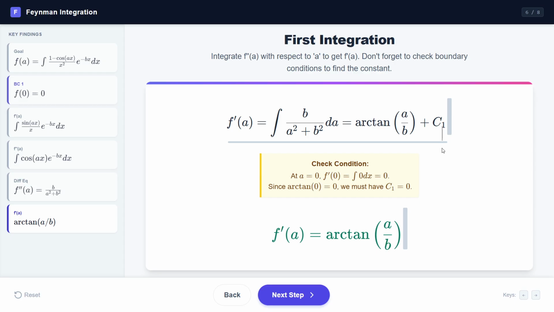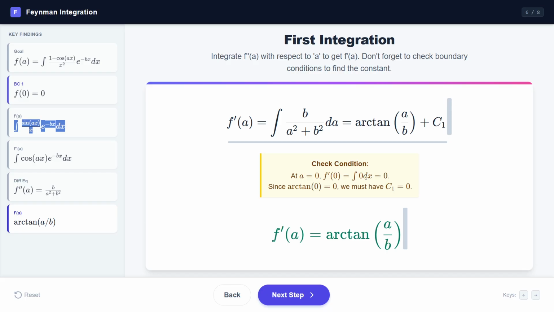Now we can solve for that constant of integration by letting a equal 0. If we let a equal 0 in our original f prime of a, we find that f prime of 0 is 0. If we plug in 0 for this a right here, we get sine 0. So it equals 0.